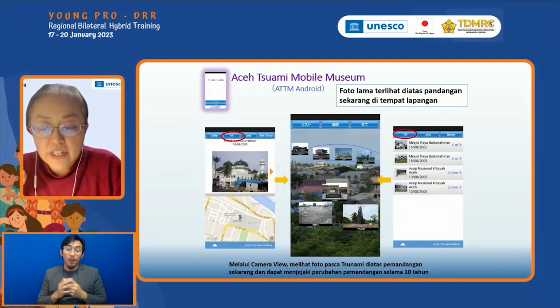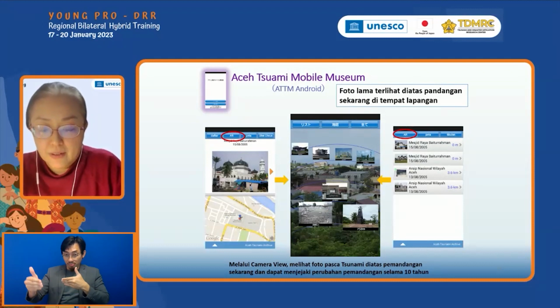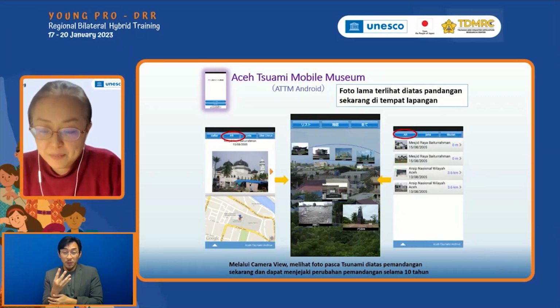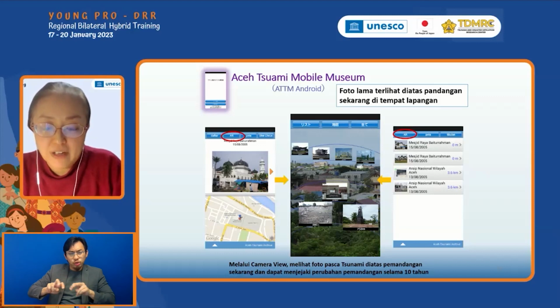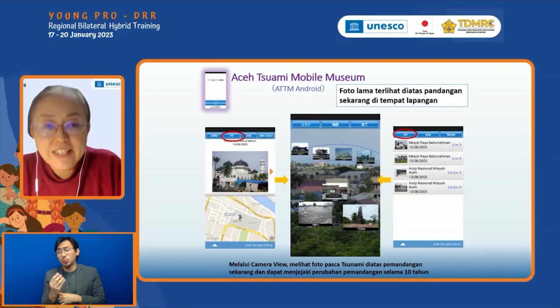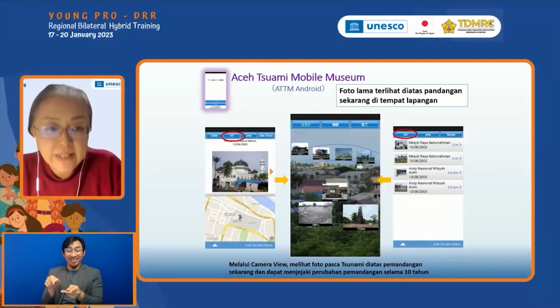But during the first 5 to 10 years period, in the case of Aceh, until 2014, researchers like us record photographs and documents and accumulate data on the disasters. However, 10 to 20 years after the disasters, each person living in the affected area can be a recorder to join the activity of recording.